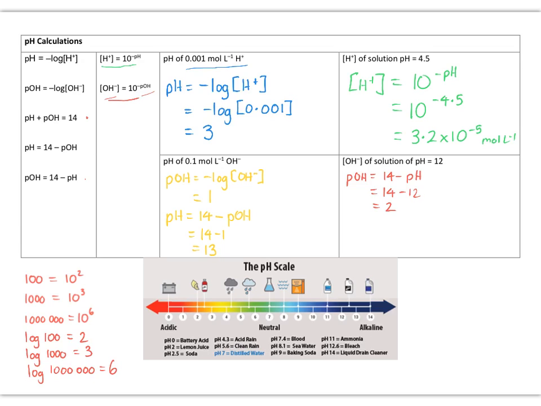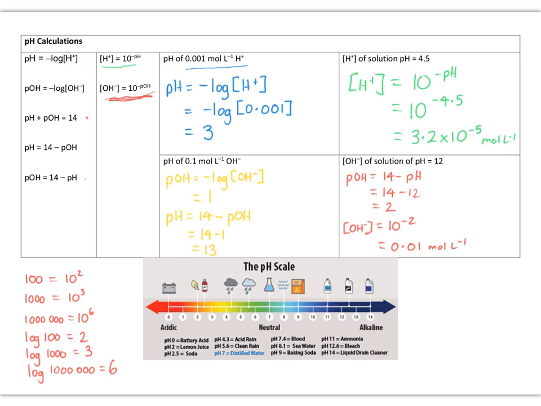Now we can plug it into this formula here. Concentration of hydroxide equals 10 to the minus 2 equals 0.01 moles per litre. So that's how we do our pH calculations.